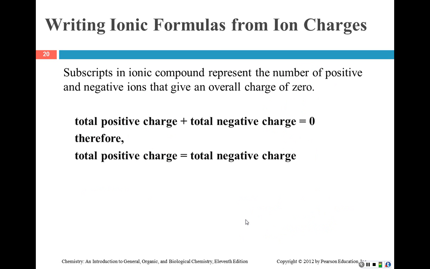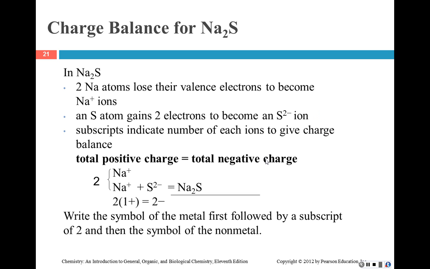So the subscripts in the ionic compound are the number of positive and negative ions that give the overall charge of 0. If the total positive charges equal the total negative charges, that equals 0, right? That's how we maintain this neutral balance in these ionic compounds.